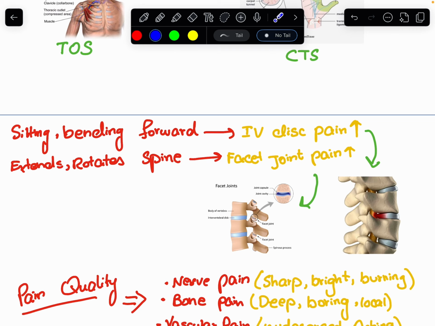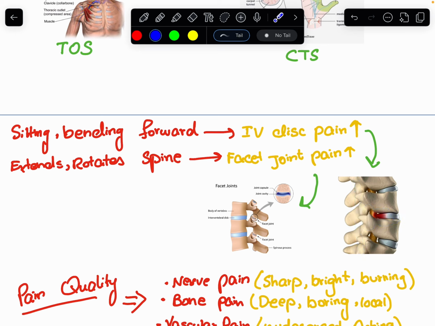Okay, so if a person bends forward, that means that the vertebra from this position is going to go into this position. When this happens, the disc between these vertebrae is going to cause a protrusion outward like this, and the nerve moving from here is going to get compressed.